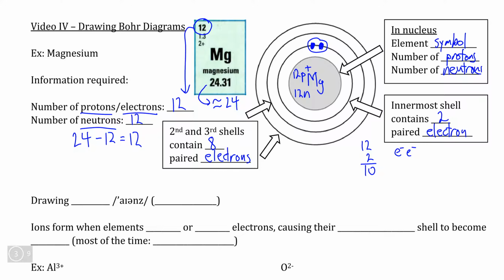Now, the way that we write electrons in the second and third shells is that before electrons can form a pair, we usually put 1 electron in each direction. So 1 in the north, 1 in the east, 1 in the south, and 1 in the west. Now, if we've added 4 electrons that don't exist in pairs, we know that magnesium has more than 8 electrons here because it has 12 electrons in total.